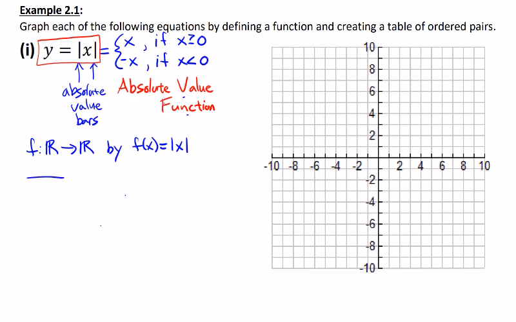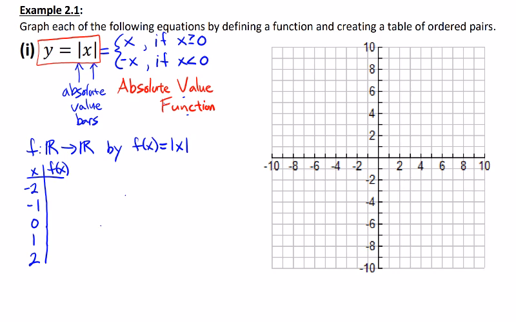And for the table, x for the first column, f of x for the second, we will have -2, -1, 0, 1, and 2. Old fan favorites there in terms of x values to choose.